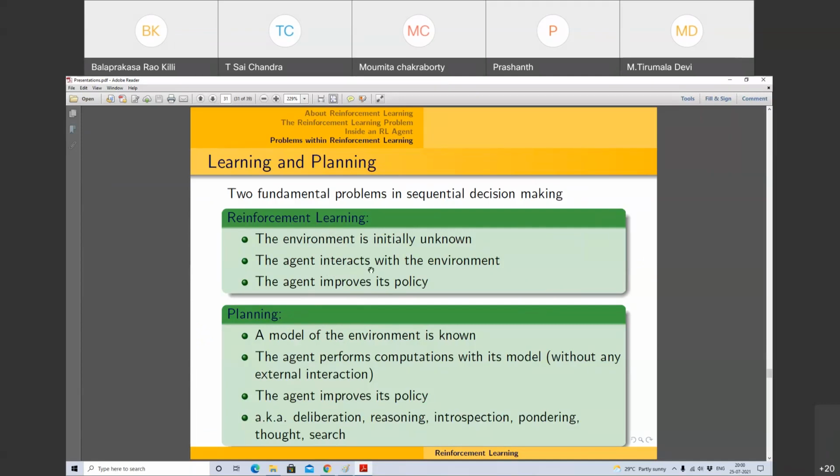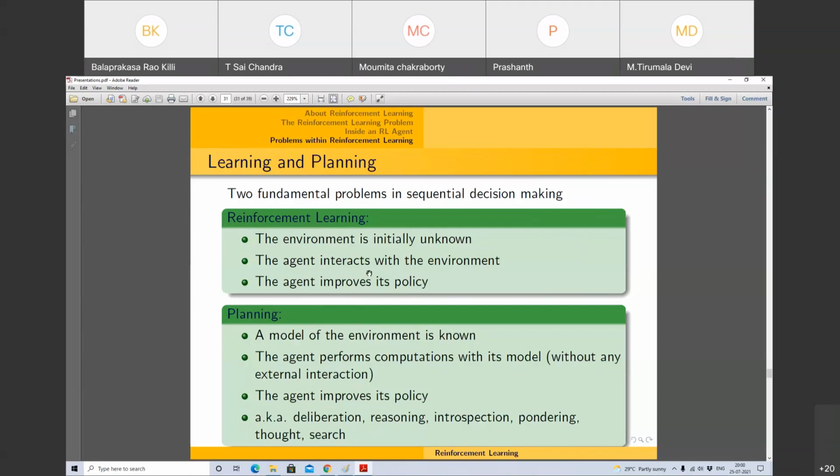The agent interacts with the environment. Interacting means it will randomly pick some action, observe how much reward it gets and what the next observation is. Based on these observations and experience, it will improve its knowledge and its policy, that is, its decision making capability.